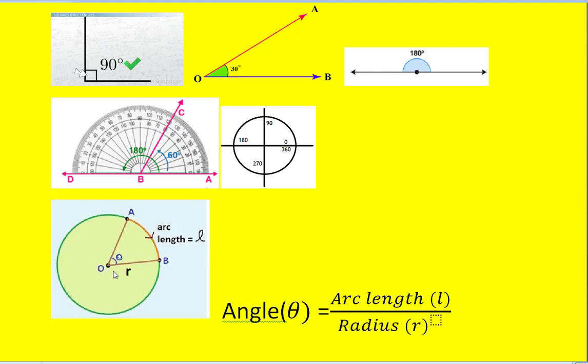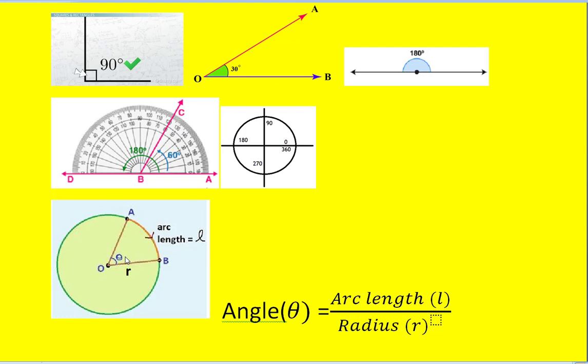Here there are two lines, this is OB and this is OA. These two lines are making an angle of theta at this point O like this. And we can say in a different fashion, that it is the angle made by an arc at point O like this.